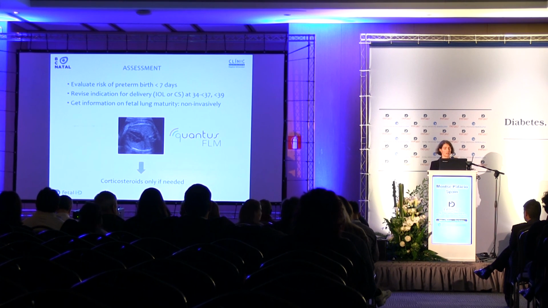That's a very clinical indication. We know that 25% of the late preterms have no real, no formal indication for delivery. So we have to revise the indication for this delivery.